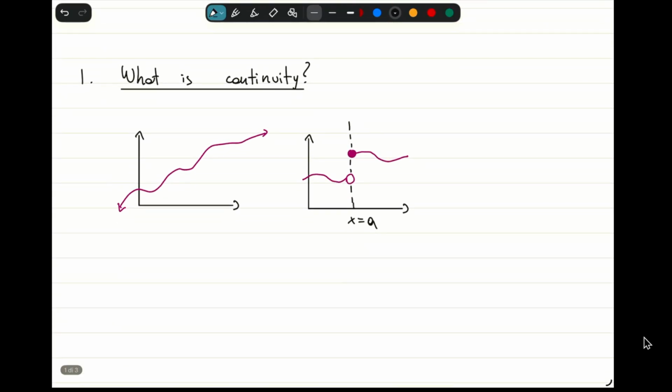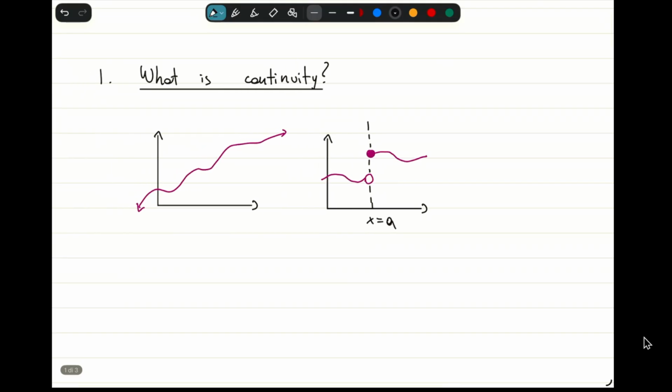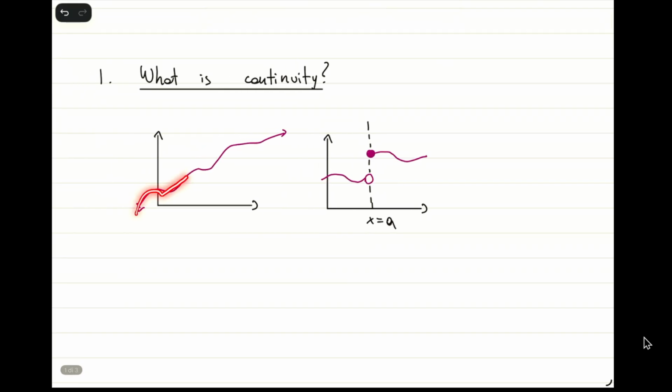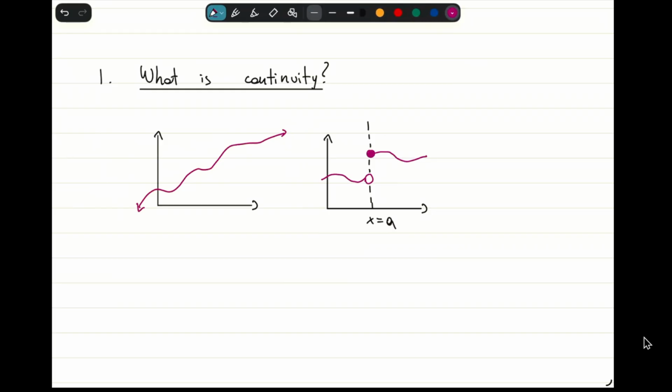So right away, what can we realize from how I drew the graphs? Well, the graph on the left, if you check when I drew it down, I didn't have to lift my pen except for doing the little arrows, which I just like the look of.